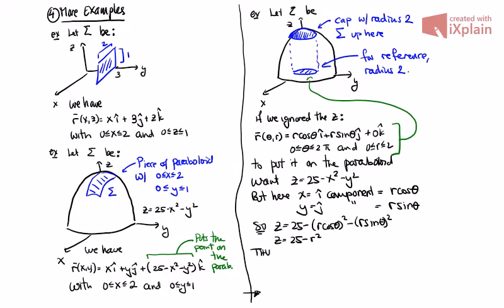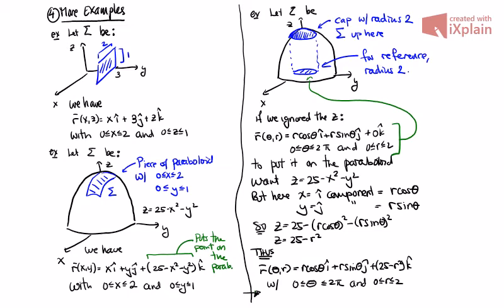So for our final answer, we have r of theta and r, which is r cosine theta i plus r sine theta j plus 25 minus r squared k. This is with theta between 0 and 2 pi and r between 0 and 2.